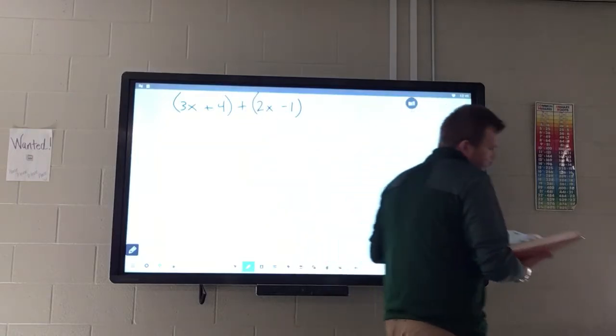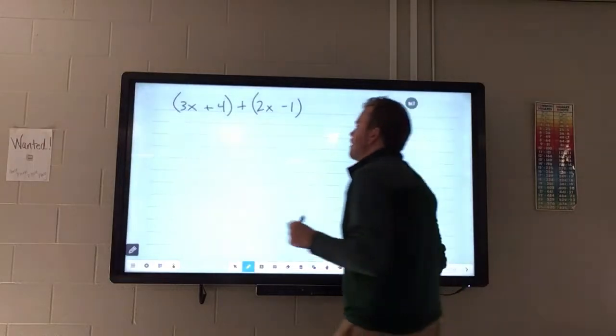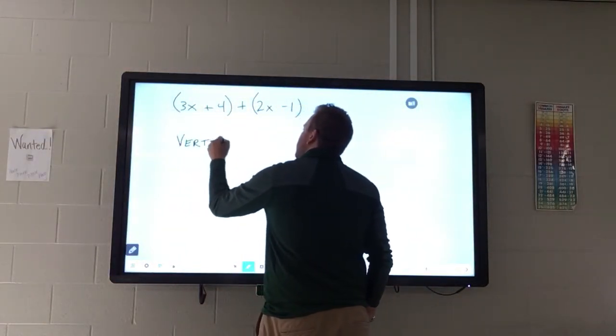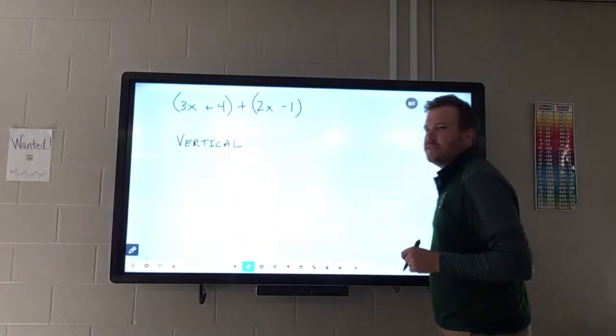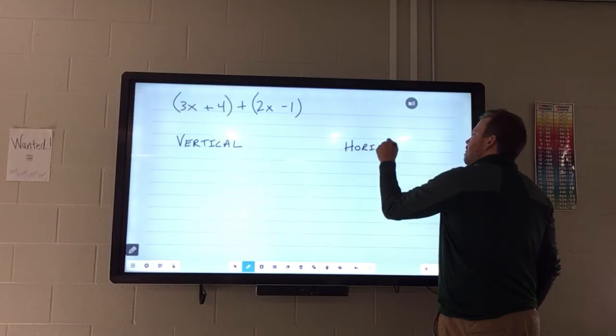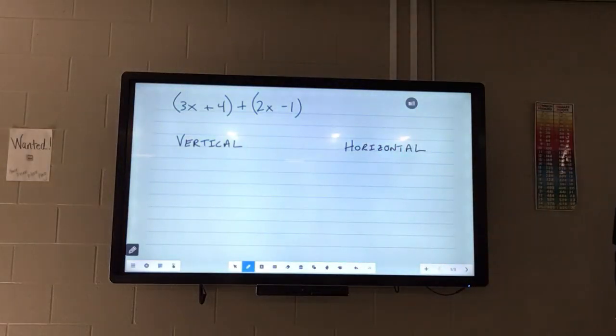Now, I have seen students do this in a vertical method, and I've seen students do this horizontally. So let's do both just to see what each one looks like.